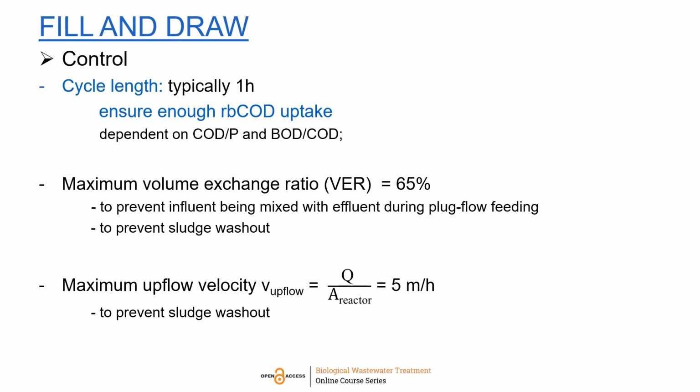Finally, there is also a requirement for the upflow velocity in the reactor. The upflow velocity is calculated as the influent flow rate divided by the reactor cross-section area. The upflow velocity must remain lower than 5 meters per hour to prevent sludge washout.